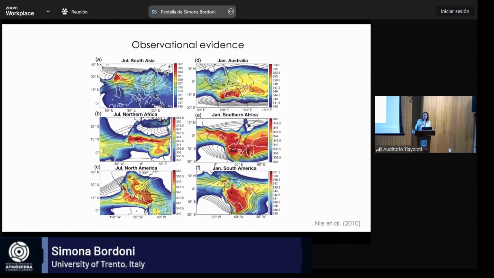So again, this points to the fact that the North American monsoon is a bit different than the other monsoon systems.